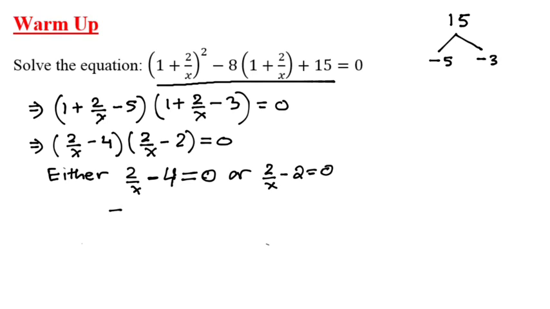From the first part, you get 2 over x equal to 4. If you cross multiply, 4x equal to 2.